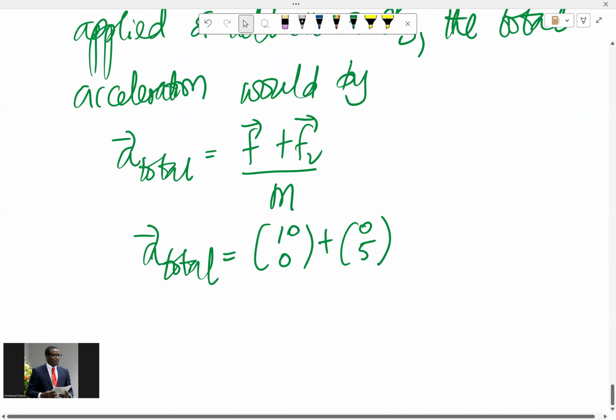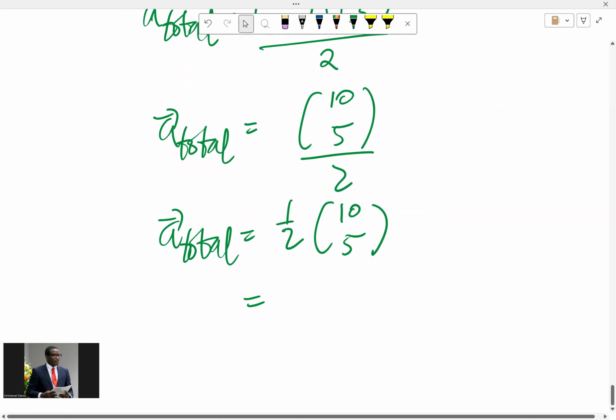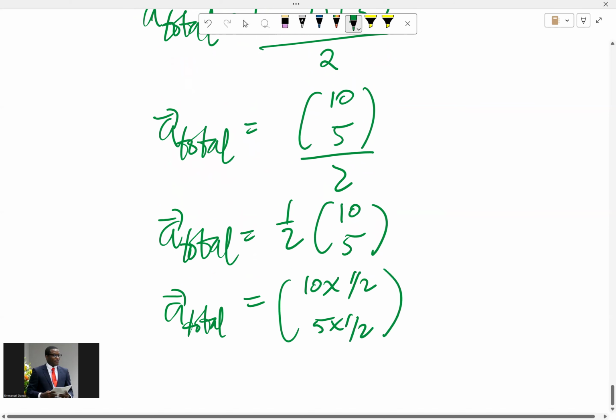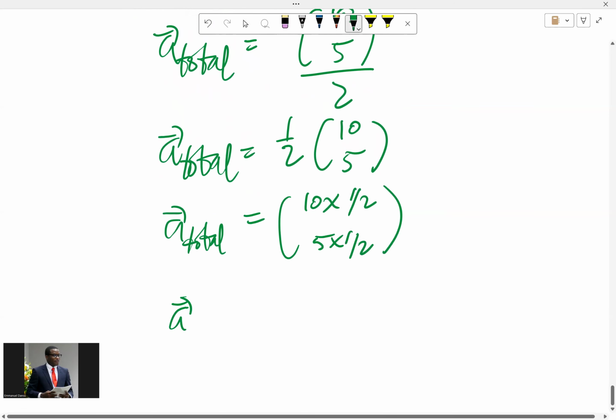So that means A total is 10 times half, 5 times half. So the acceleration, finally, A total, will be equal to (5, 2.5) meters per second squared.